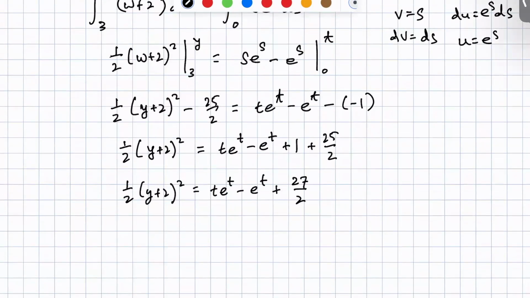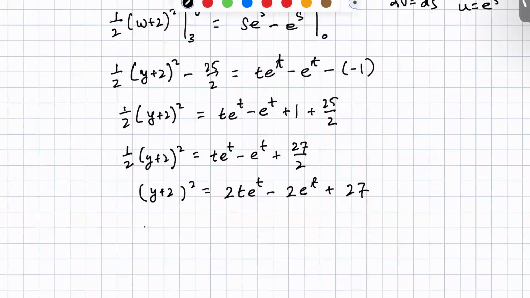Let's multiply everything by 2. y plus 2 squared is equal to 2t e to the t minus 2 e to the t plus 27. And let's take the square root. y plus 2 is equal to the square root of 2t e to the t minus 2 e to the t plus 27.